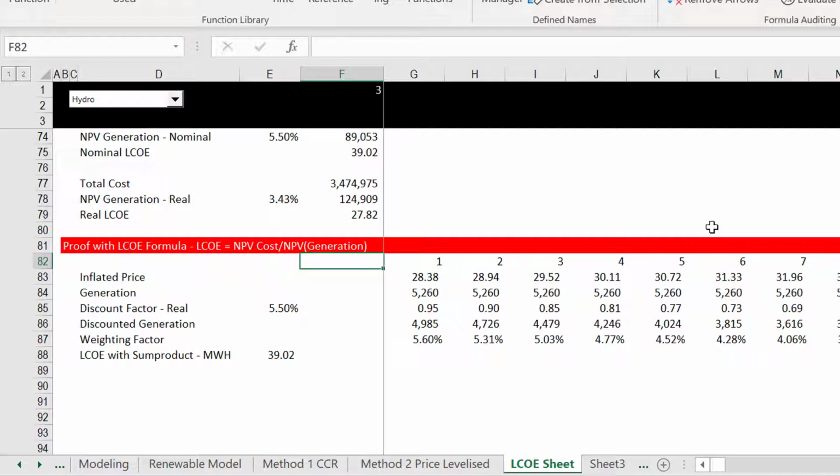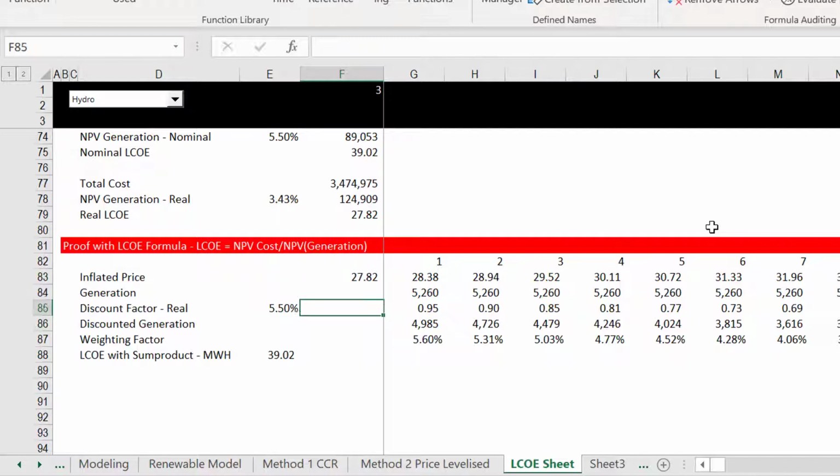We're going to illustrate how to get this 39 USD nominal one when we start with the inflated price. We take our real price up here. If you really wanted to do it like this, you could start here, copy.